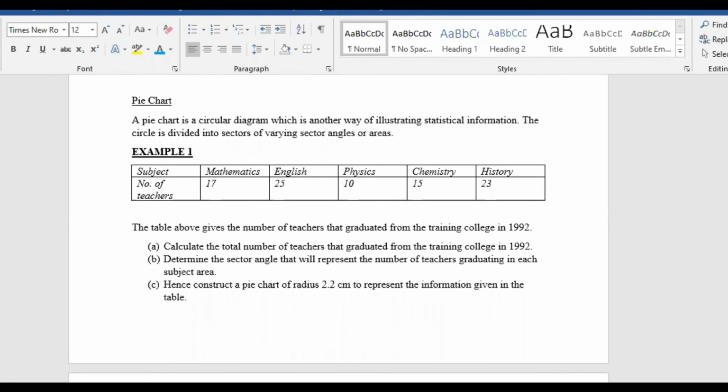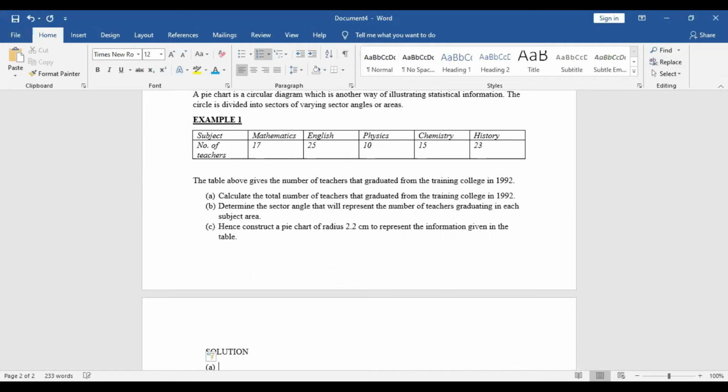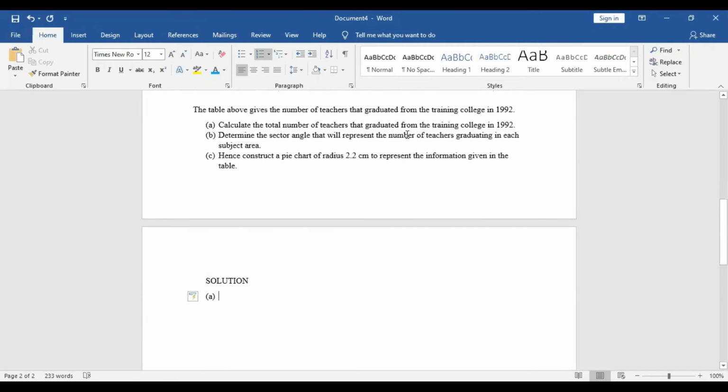How do we go about working that? Anybody? How would you go about finding the total number of teachers? If you have to find the total number of teachers, what would you do? Let's just add everything. Simply add. So the question asks you for the total number of teachers.